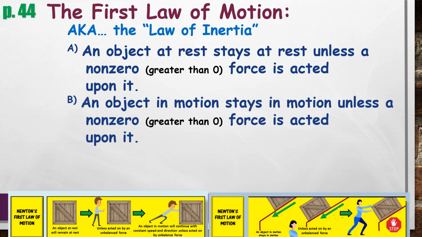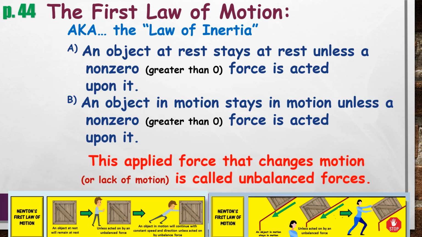In the same way, we just look at it in reverse. Part B is an object in motion stays in motion unless a non-zero force is acted upon it. So if there's a force greater than zero, it can cause the action to no longer be happening. In the bottom right example, the box is sliding down, then we see an individual coming along. She applies her force to the box and causes it to stop its motion.